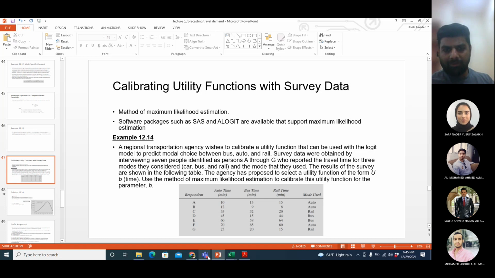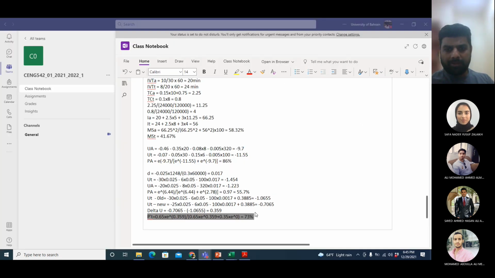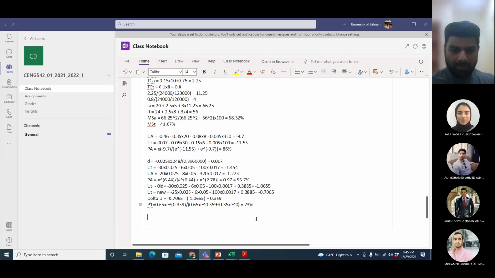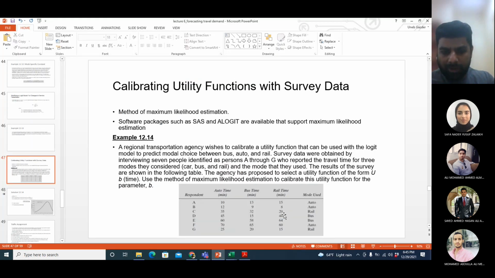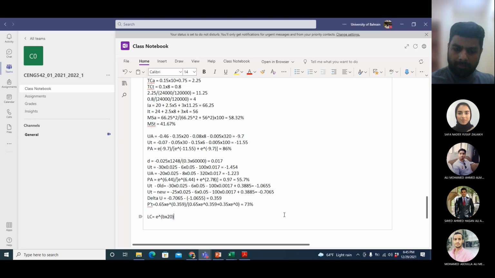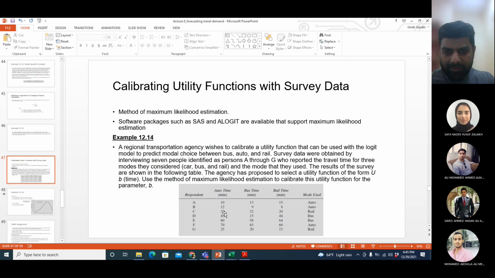So the maximum likelihood for person C, who has chosen railway, is e to the power B into 20, the time for railway for him, divided by the sum, and again e to the power B into 35, which is the auto mode.